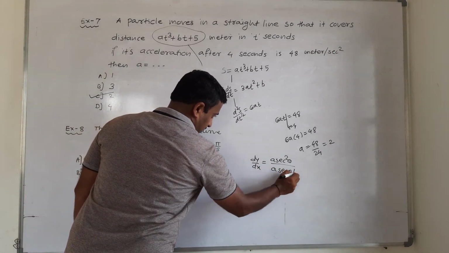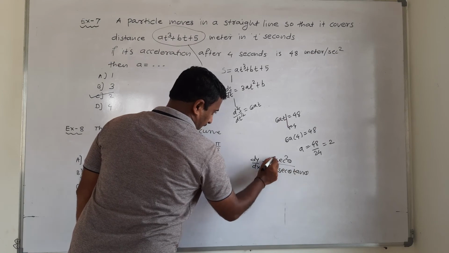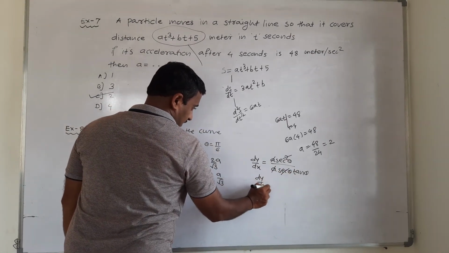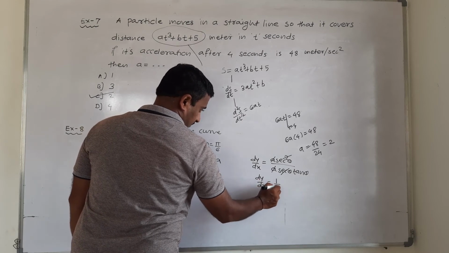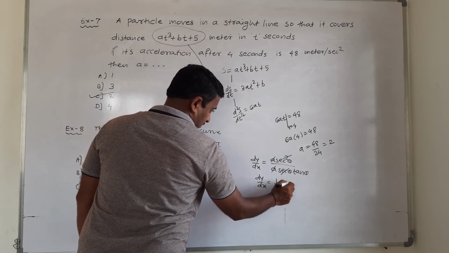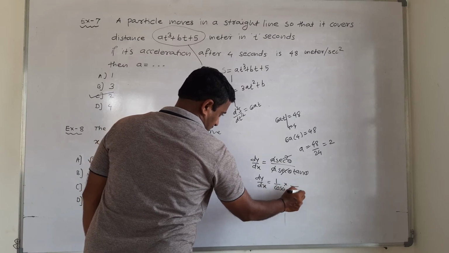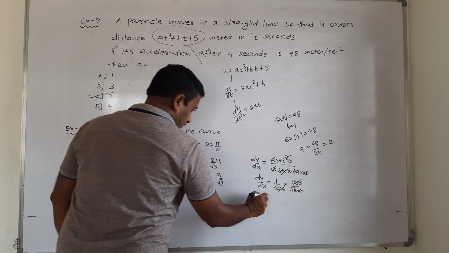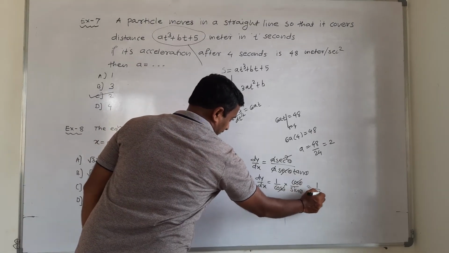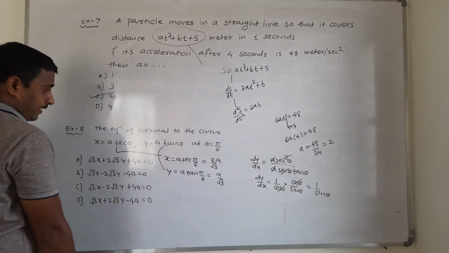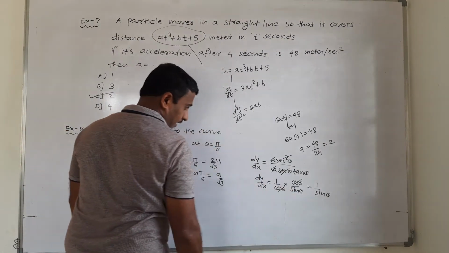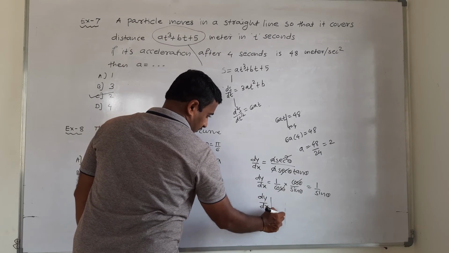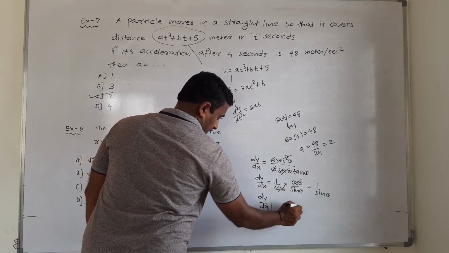Sec cancels, a cancels, dy by dx is equal to sec over tan, 1 by cos over sin by cos, that is this cancels, dy by dx equal to 1 by sin theta. At theta is equal to pi by 6, sin 30 is 1 by 2, its reciprocal, dy by dx at theta is equal to pi by 6 is just 2.